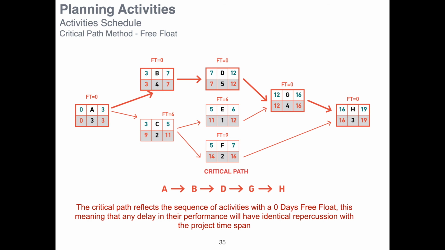Activity C and E, we have a buffer of 6 days, and activity F, it will have a buffer of 9 days. So it means that during implementation, during the management of our project, we know exactly what are the activities that are a priority that cannot be delayed and which are the ones that have a maximum delay without compromising the completion of the project on the defined time.